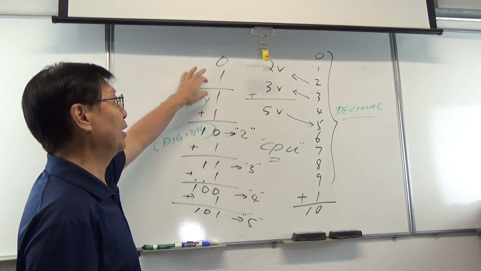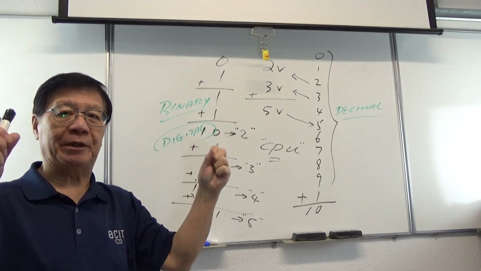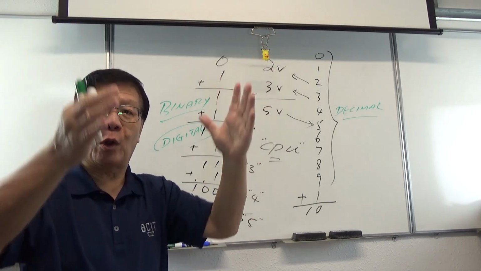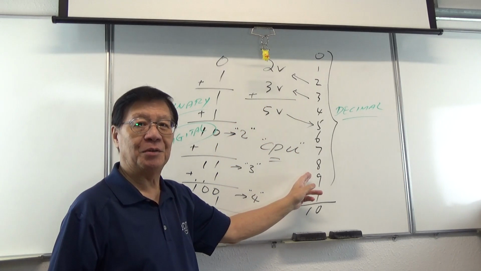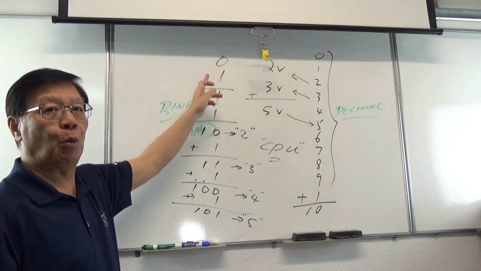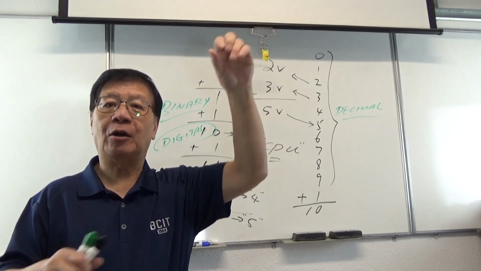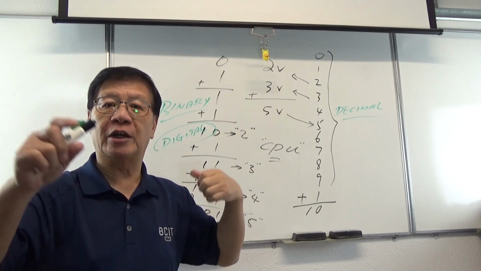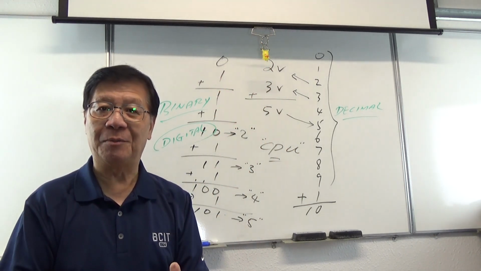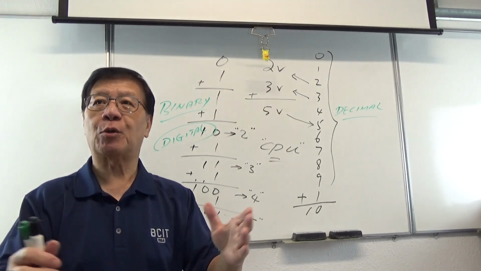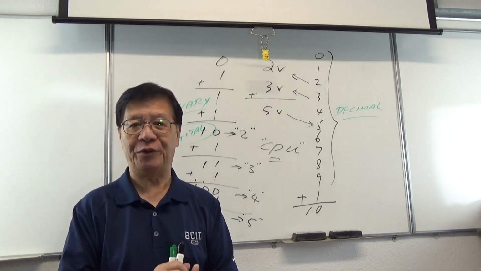Because we have only two states, completely opposite. No gray area in between, like the 10 steps here, right? Either 0 or 1, either black or white, high or low, north or south. So no gray area in between, which means the reliability could be very much improved.